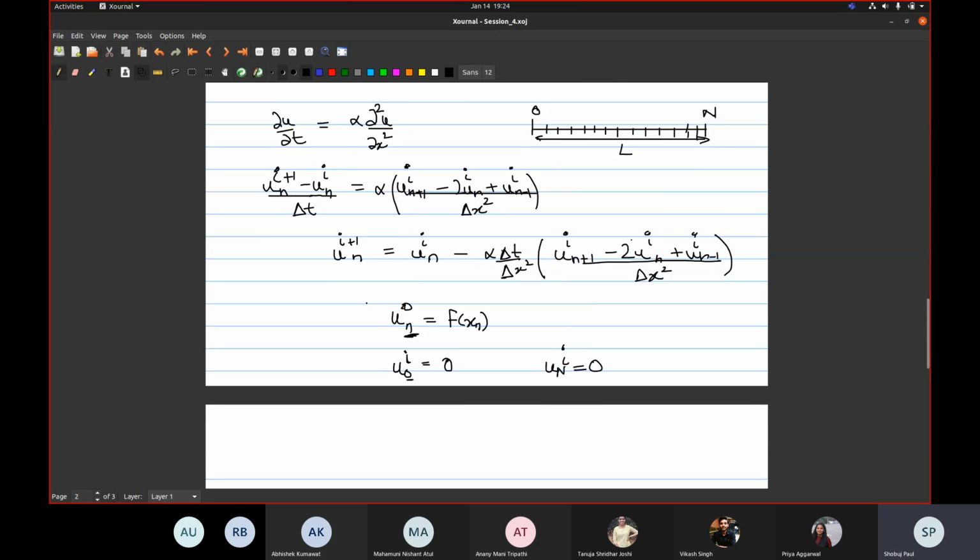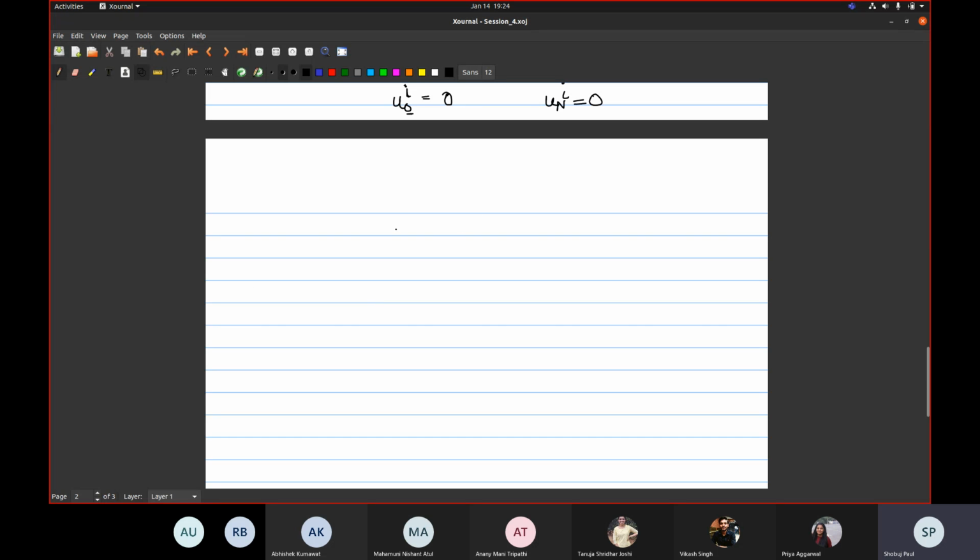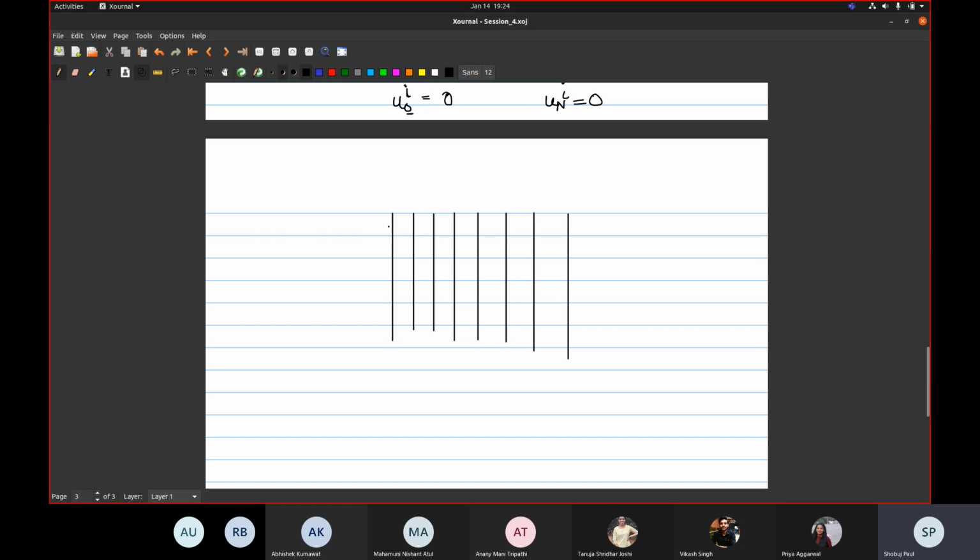Okay, there is another way to look at this, which is a much more graphical solution, so it's easy to imagine. Let's consider each u to be a point on the grid. Here this increases my i index, and this increases my n index.